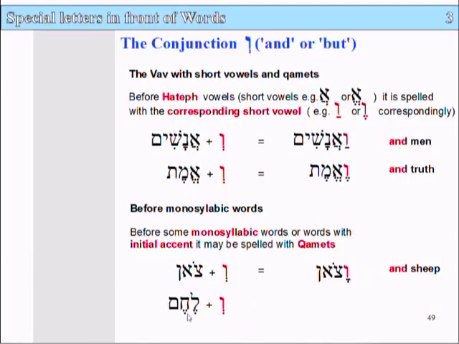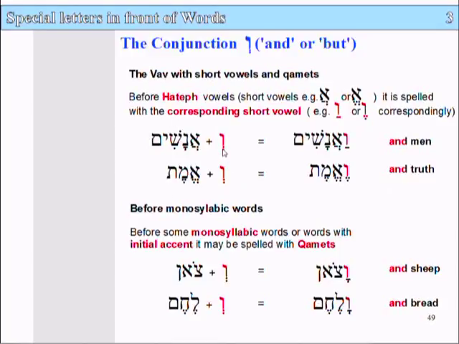Also the word lechem, which means bread, we add the vav to it, and we get va-lechem, and bread.